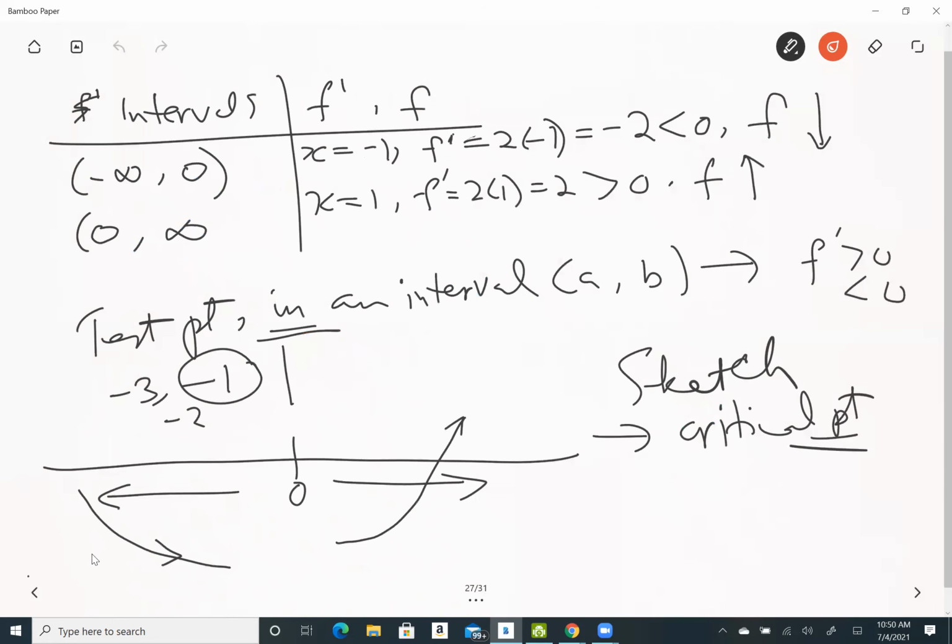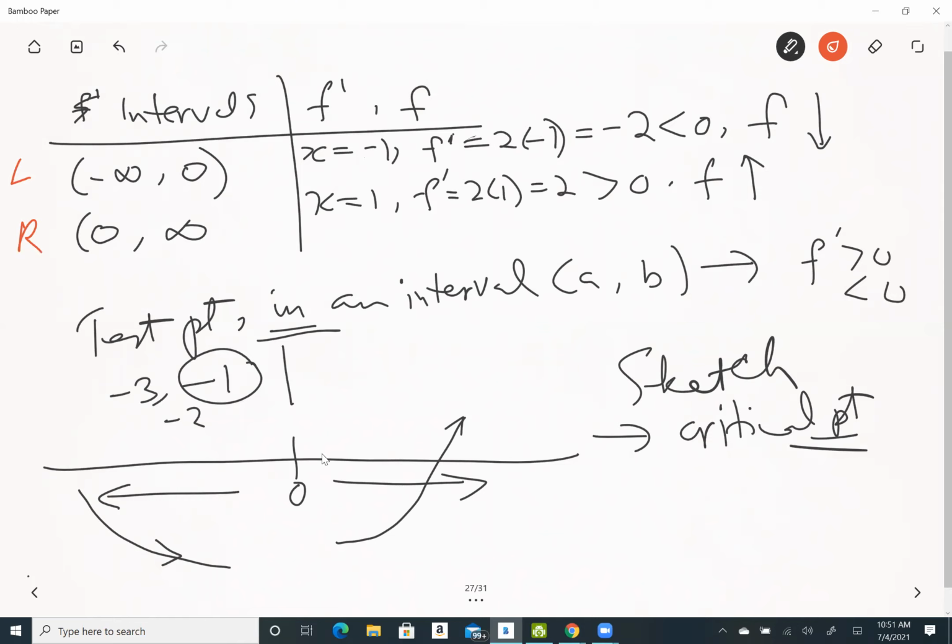You have the critical point was 0, 0. On the left interval and the right interval, the function is decreasing from the left and then increasing to the right. So what can you say about the critical point?